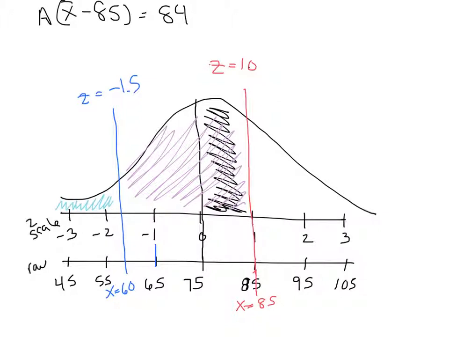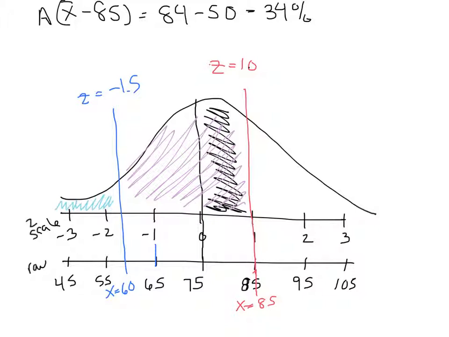But that includes everything below that z-score, or that percentage is everything below 85. So this whole area, and we just want the black area. Well, we know everything below the mean equals 50%, so we're going to subtract 50 and get 34% for our area between the mean and 85.